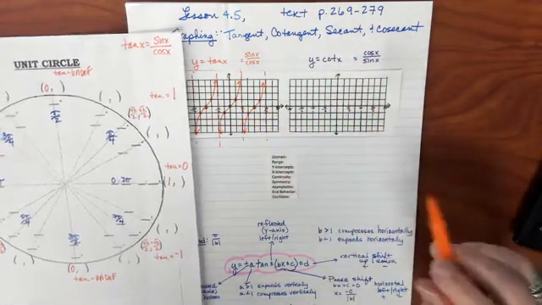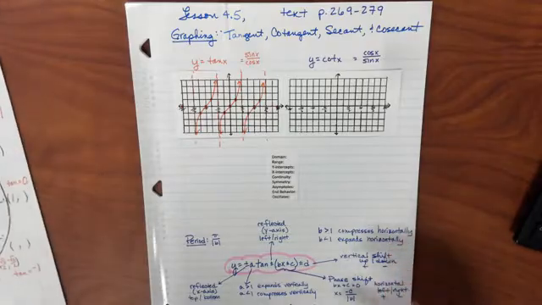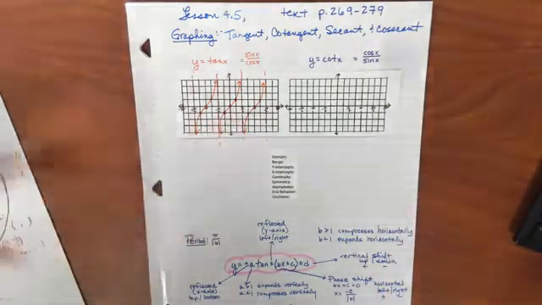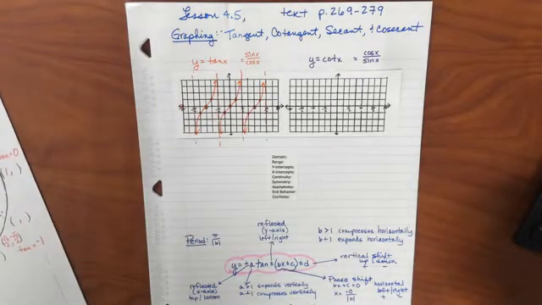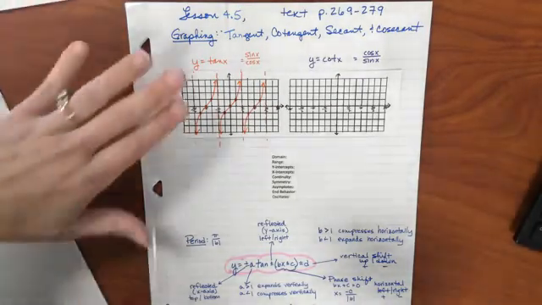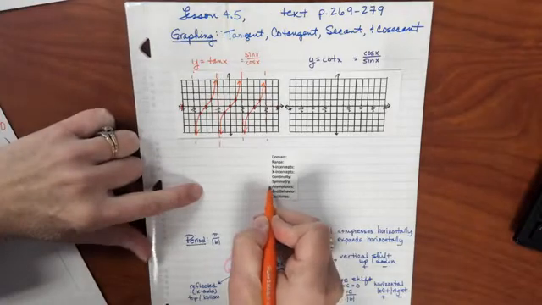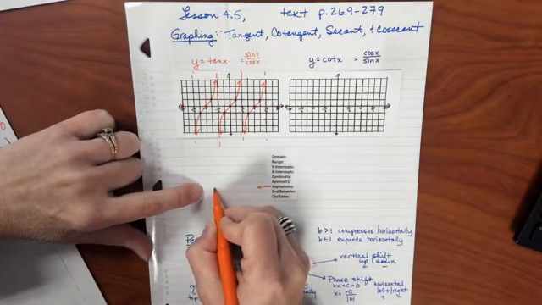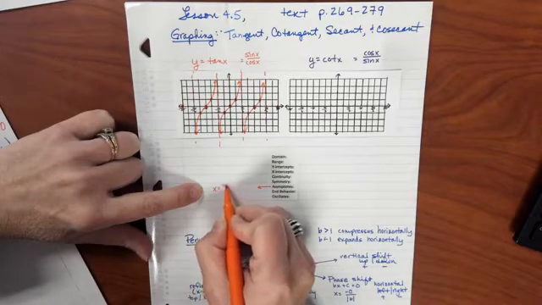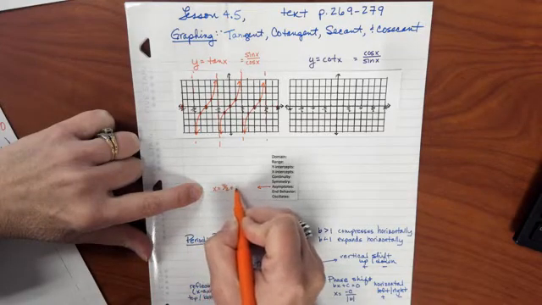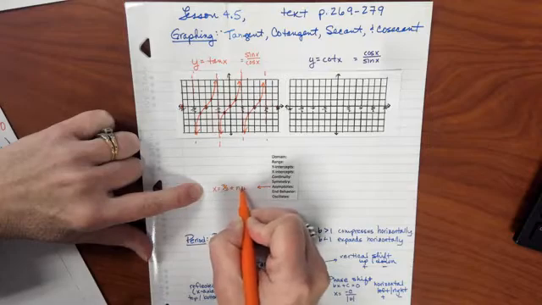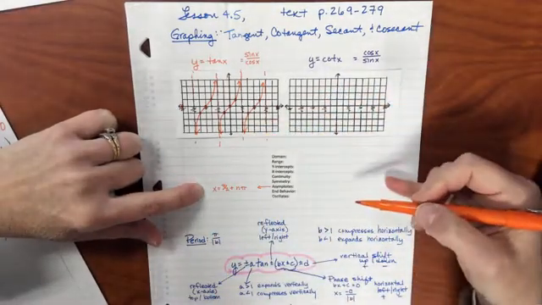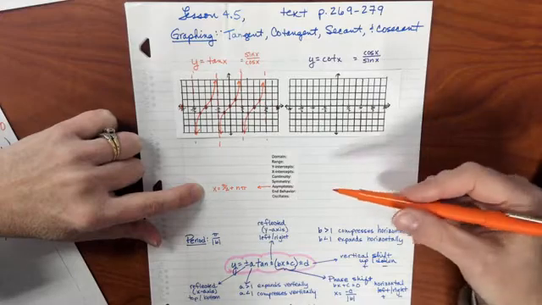Let's talk about some of these dynamics here then. So you know that your asymptotes are at any multiple of pi over 2 when you keep adding pi. So we're going to say that the asymptotes are vertical lines, x equals pi over 2 plus a multiple of pi. Now let's also look at the domain and the range.